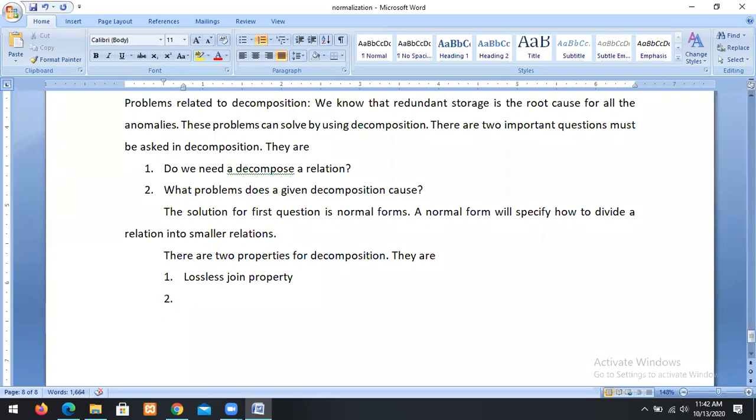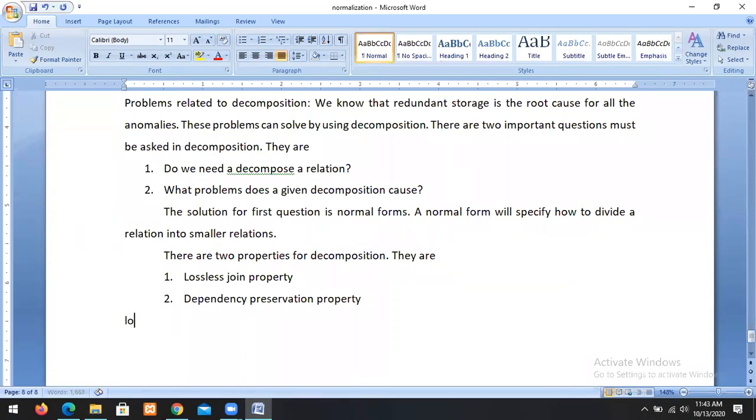The other is called the dependency preservation property.